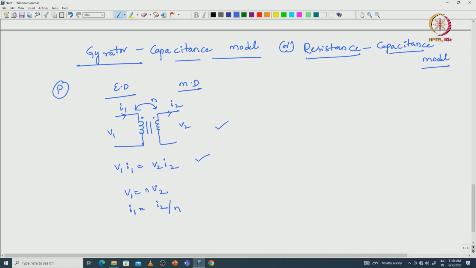In order to make the variables or power equivalence, we have to follow the Gyrator principle.